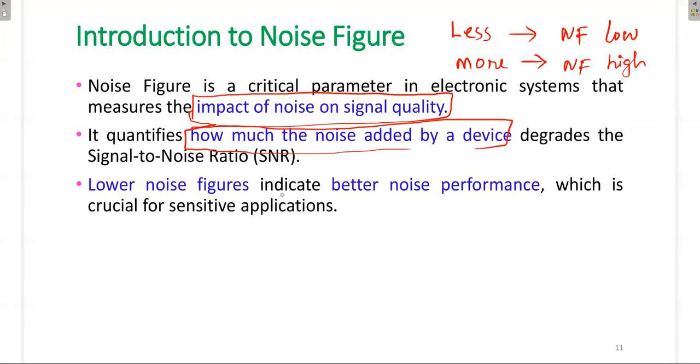The lower noise figure indicates the better performance. Why? Because the noise figure is low means that particular system is adding less noise. So we always aim for low noise figure, and that too in case of sensitive applications, like whenever we try to deal with very low power signals, definitely we need to have low noise figure.